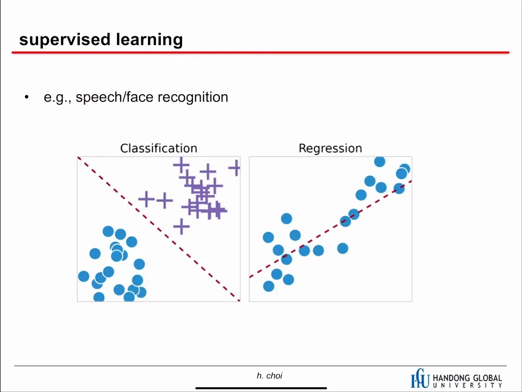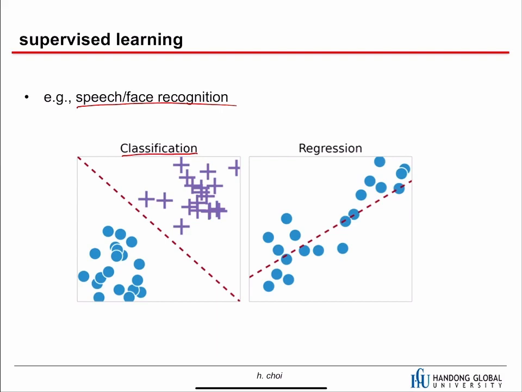And next one is supervised learning. Supervised learning is really popular because when it comes to machine learning, many people might have heard about face recognition or image recognition, right? This recognition is one of the supervised learning examples. Recognition is actually classification. Classification is finding a boundary between two different classes or three different classes.